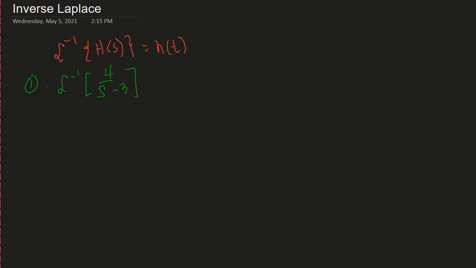Okay, so amo yung ginapapangita sa ating inverse Laplace transform. In the concept of linearity, pwede na naton i-factor ang tanan nga mga constant. So this will be equal to 4, then we will have inverse Laplace transform here, then we will have 1 all over s minus 3.